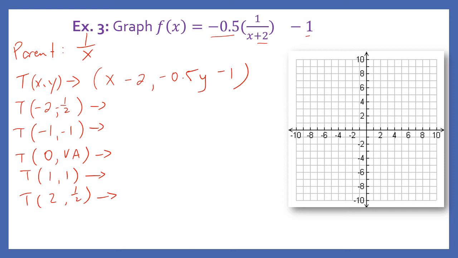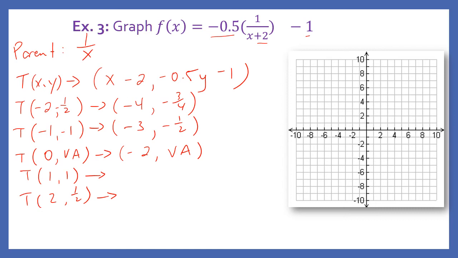Hopefully you got negative 4 and negative 3/4, negative 3 and negative 1/2, negative 2. And then vertical asymptote, you can't do anything with that, right?